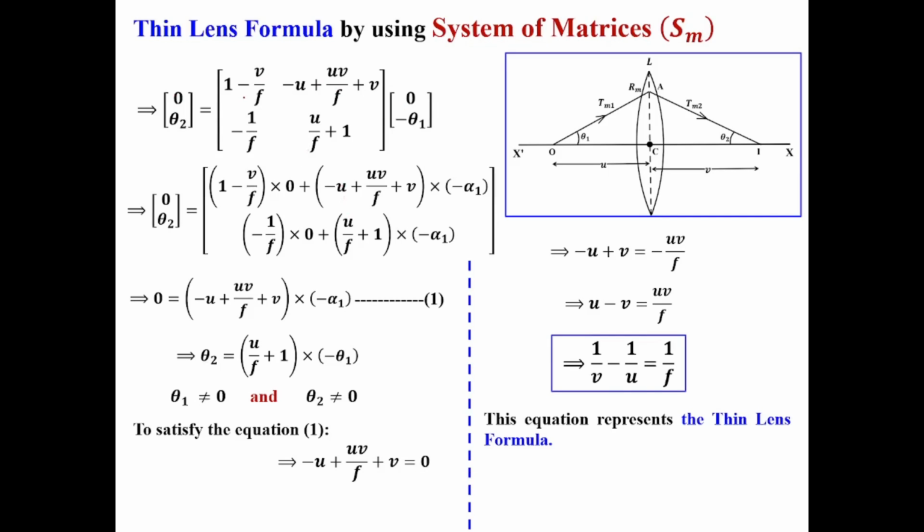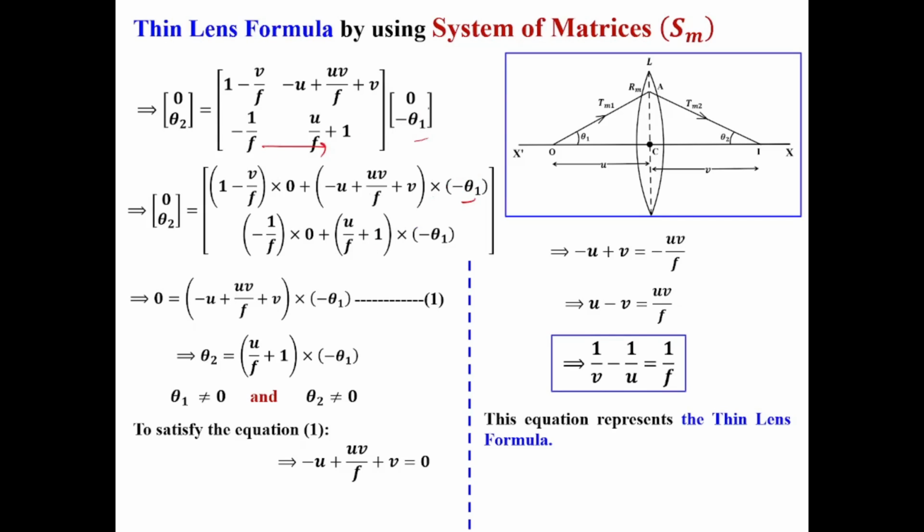We can find, see, this row with this column: this multiplied with 0 plus this multiplied with minus theta 1. Here I mistakenly wrote alpha 1, this should be theta 1. So multiplied with minus theta 1.